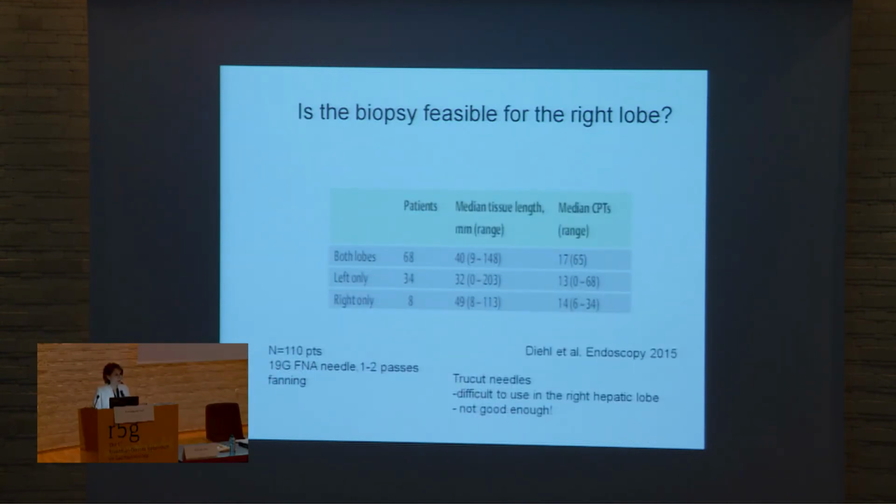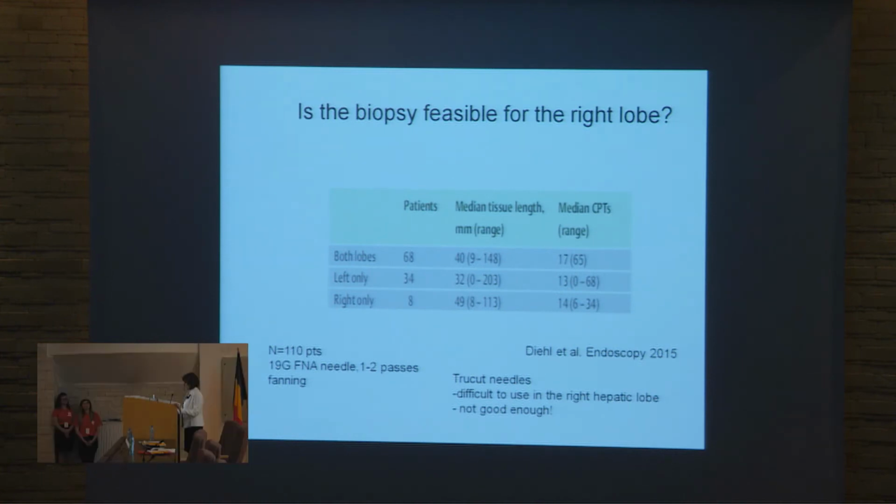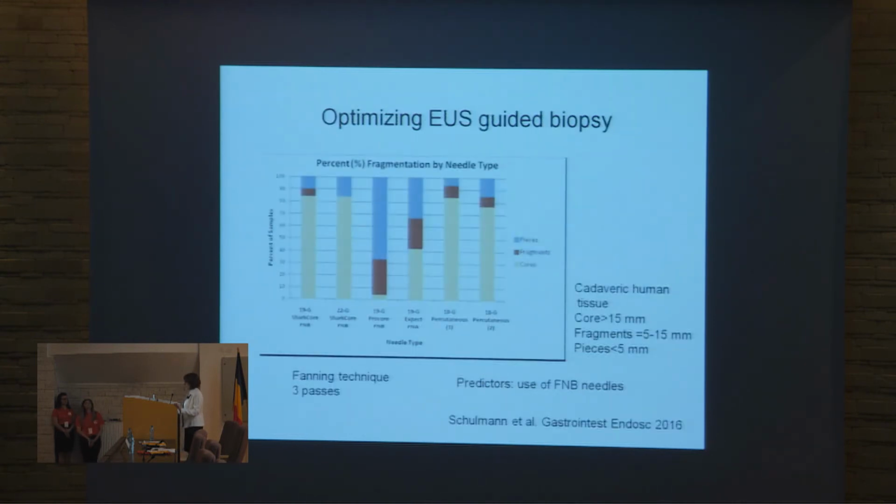It's possible to be done for the right lobe also, and this is an example, but only with 8 cases from all the patients. And other needles, like TrueCut needles, are not considered good enough, and they are not sure for the patient and for the scope also.